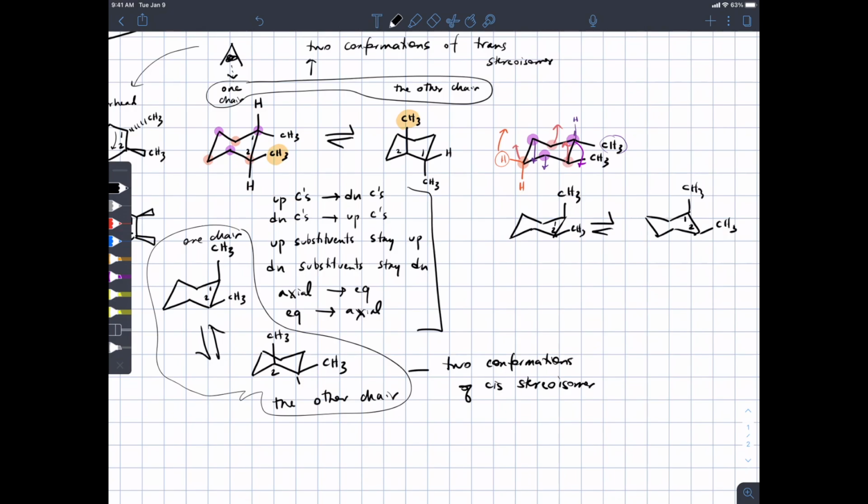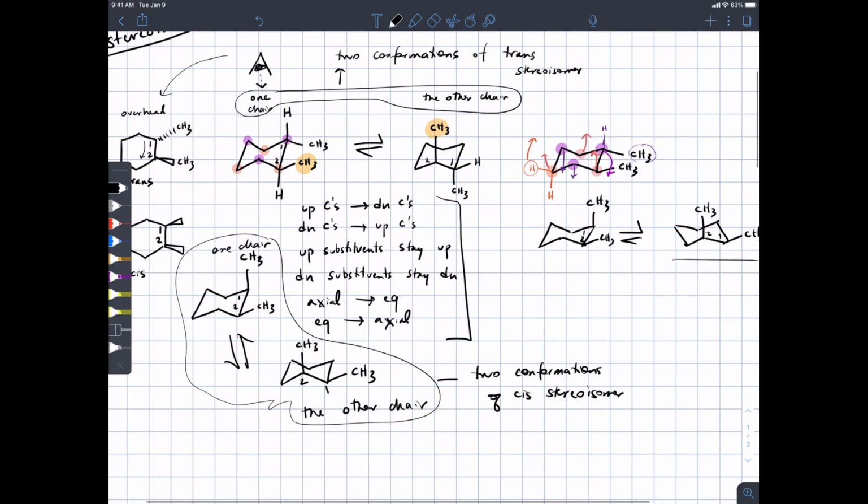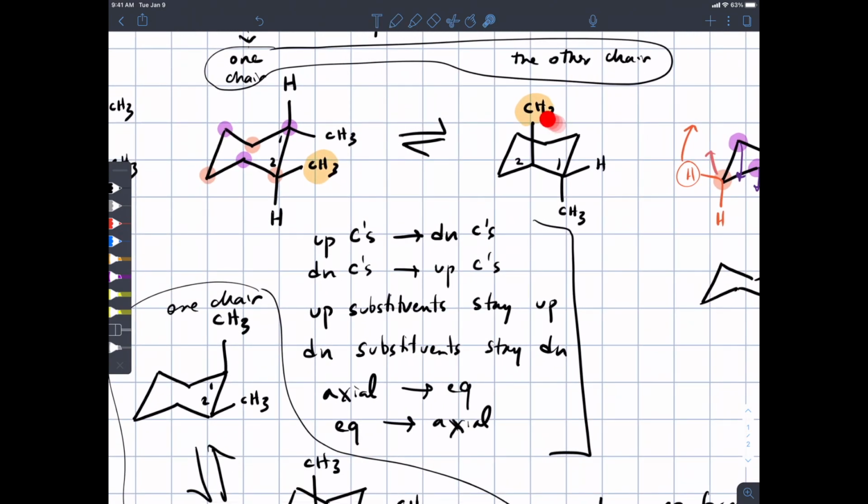So even when they do draw the chair from a totally different perspective, you're going to find that they also shift the positions of the carbons. So if your text does this, they're just trying to communicate, oh, we've done the chair flip. And I'm doing the same thing too, only I'm not twisting the molecule as far as them, but it's basically the same thing.